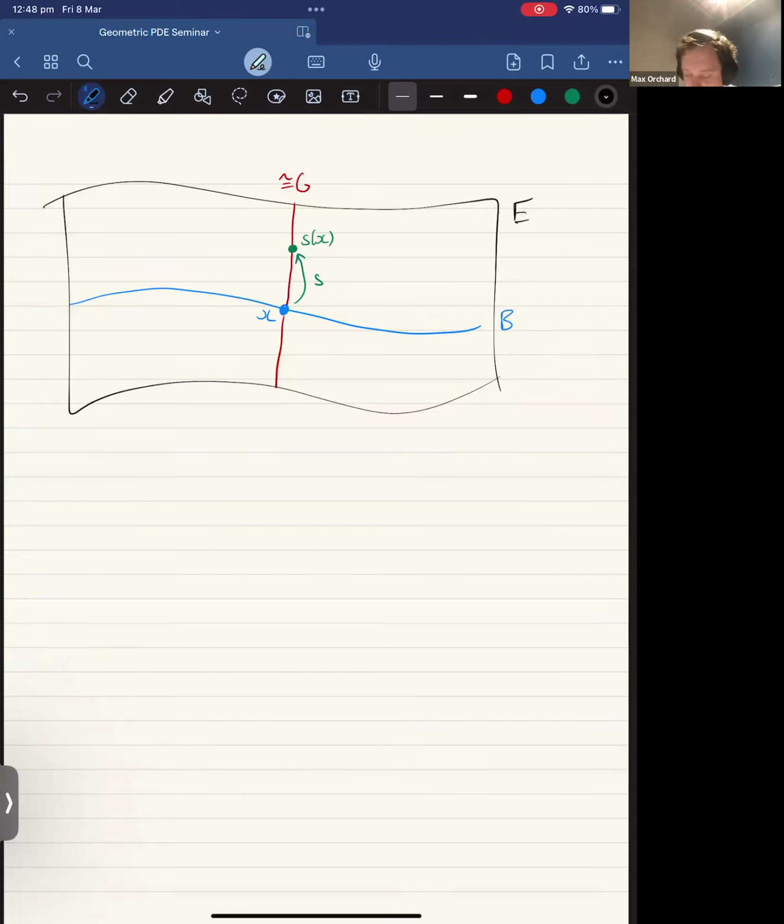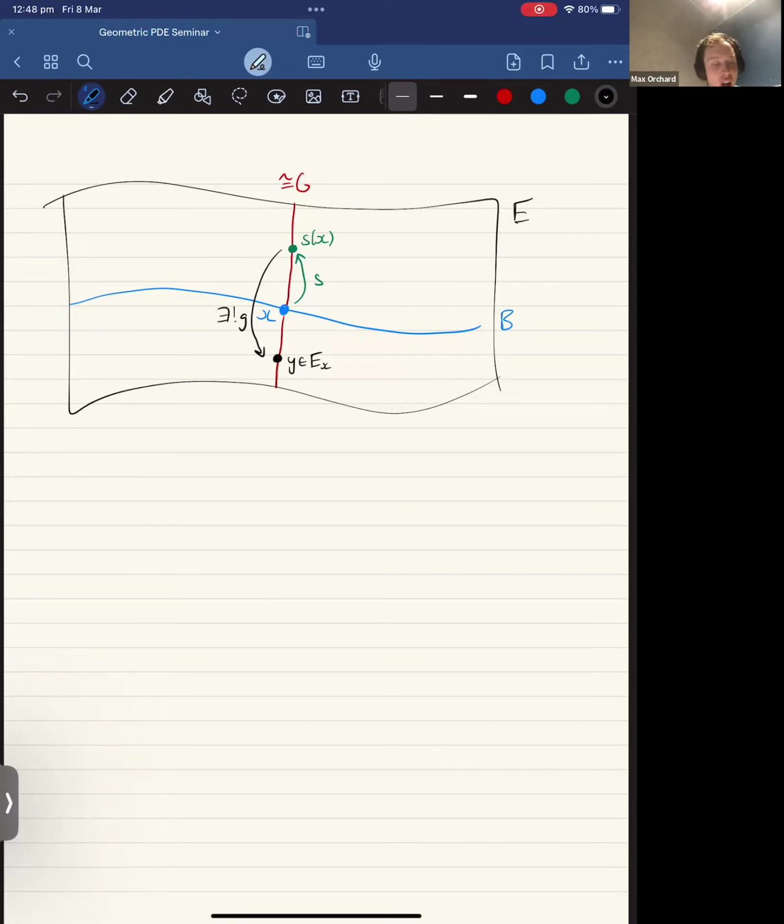And essentially for every Y in E sub X, there exists a unique element G that takes you there because the action is free and transitive. And this describes the inverse. You can go backwards in this way. You can always go from Y to S of X, and then you can just go backwards like that. That defines your inverse. Okay, so that wraps up my discussion for principal G bundles.